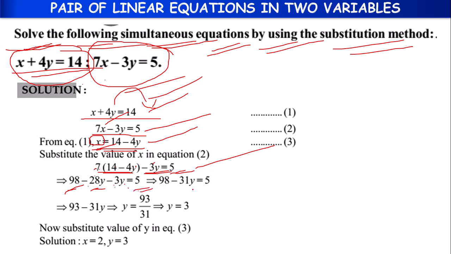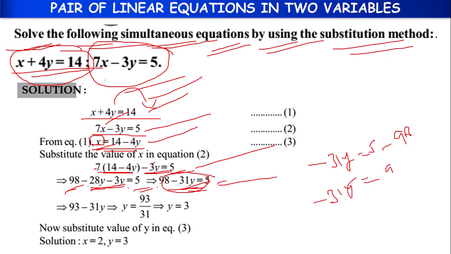Minus 28 minus 3, minus 31y. 98 minus 31y equal to 5. 5 comes this side, or we can take 98 that side. Minus 31y equal to 5 minus 98.